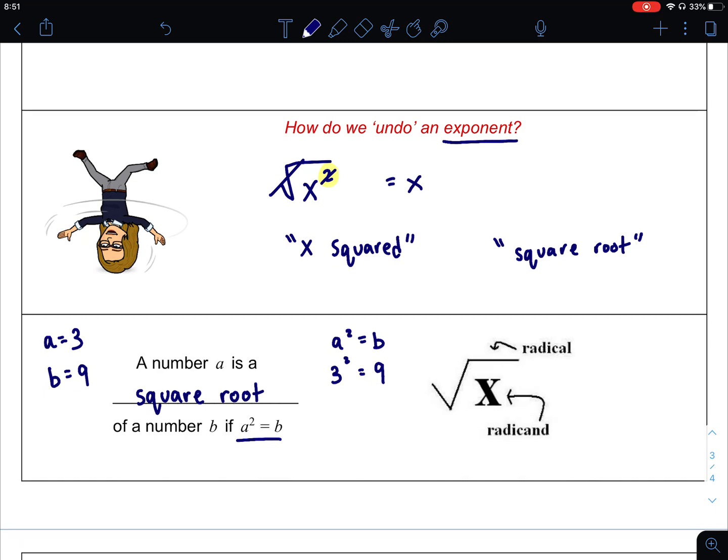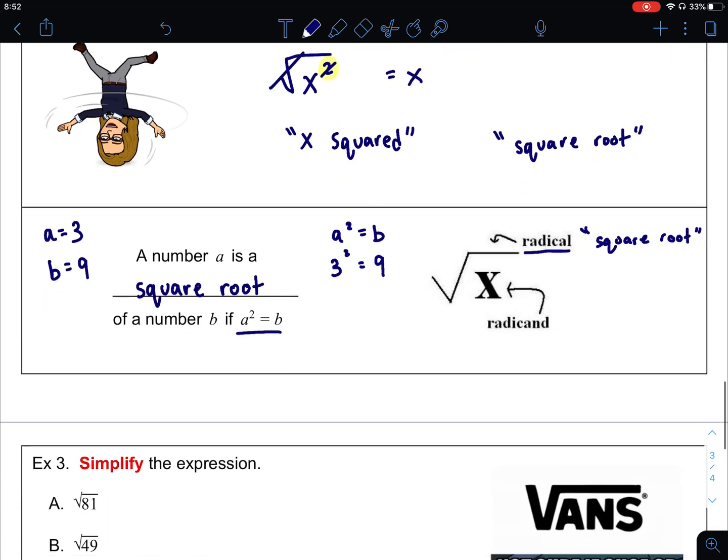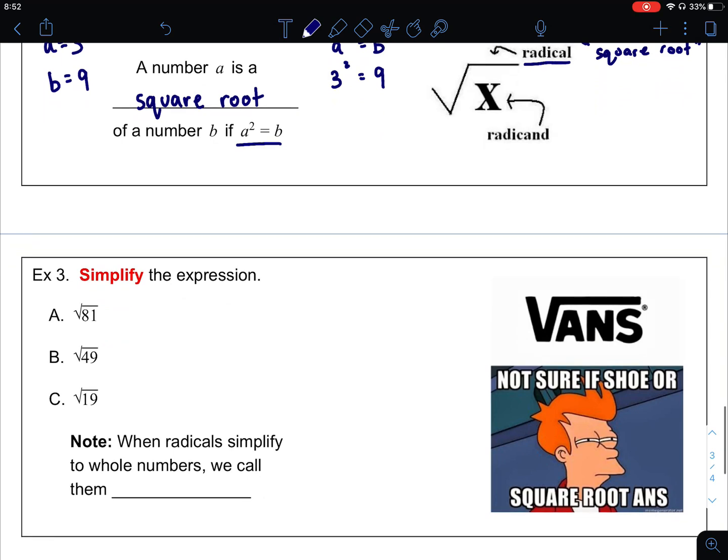A little bit of vocabulary over here. When we have something under the square root, technically another name for the square root is this right here. It's called a radical. It's a fancy way of saying square root. And then the number, or in this case the variable, under the square root is called the radicand. Let's just take a quick peek at these examples down here. This is in this unit because we need to be able to simplify radicals.